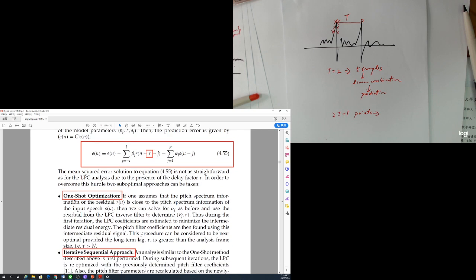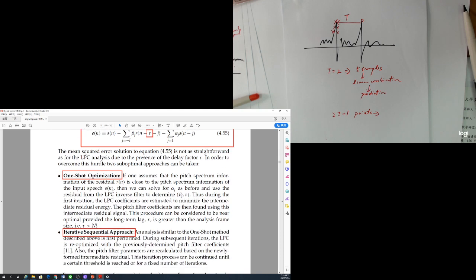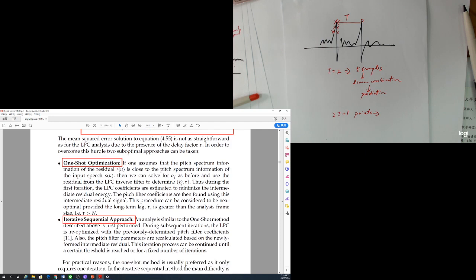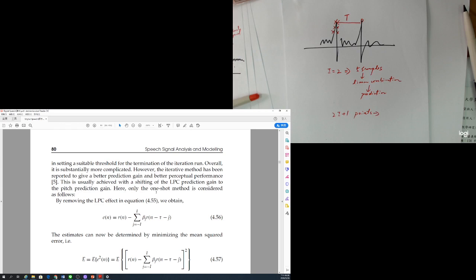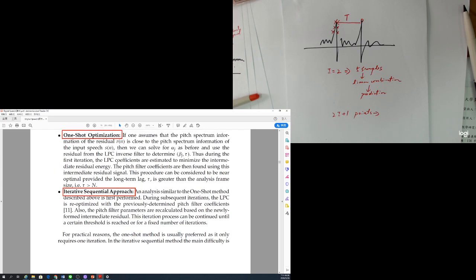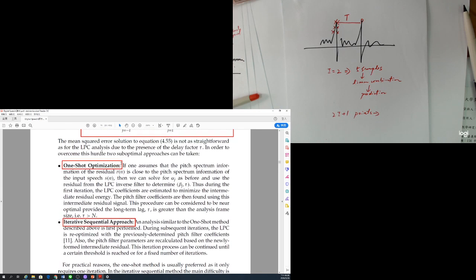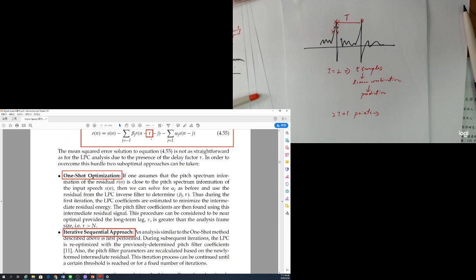There is a one-shot optimization or an iterative sequential approach to get a good result. This is our first part, and in the second part I'll look at how to calculate the long-term prediction for your pitch information.